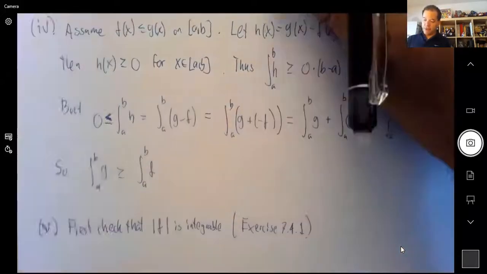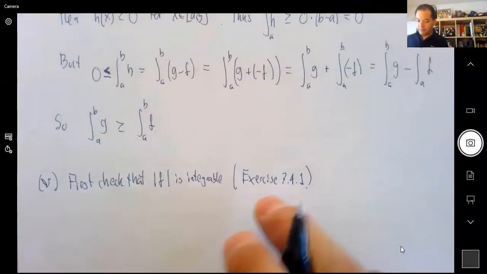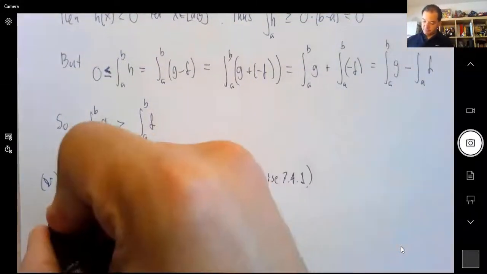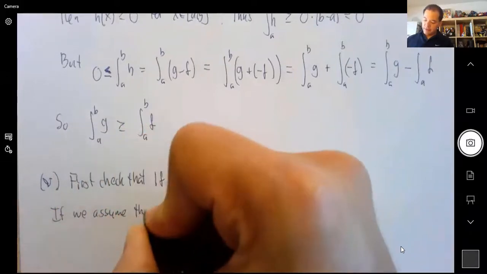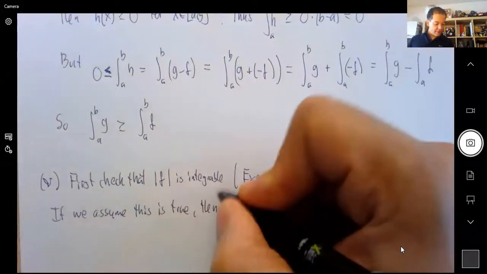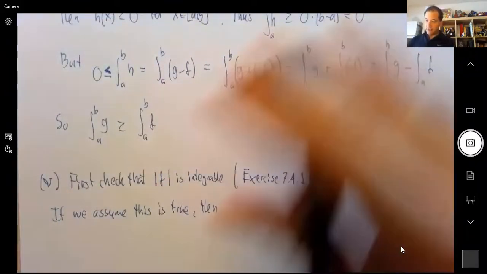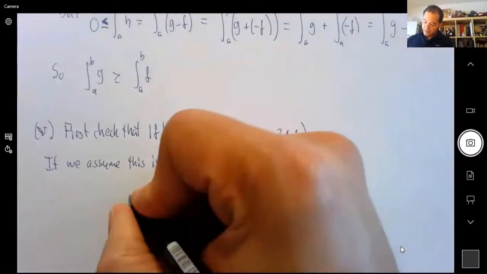So you're going to do that part, but let's assume that happens. If we assume this is true, assuming you already did that exercise, then we can continue to get the inequality we want the following way.